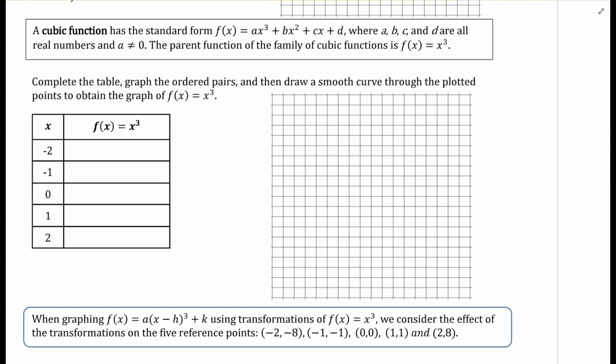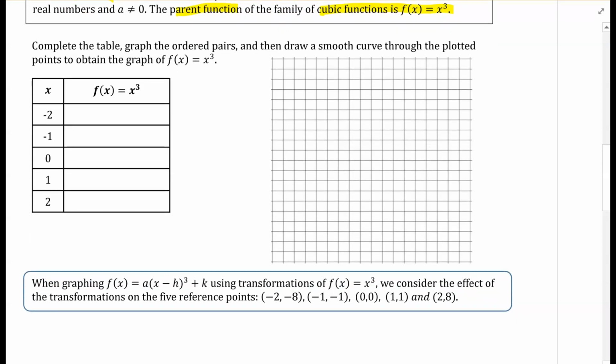So the cubic function has the standard form ax^3 + bx^2 + cx + d, and again a, b, c, and d are all real numbers and a is not equal to 0. The parent function of the cubic functions is f(x) = x^3.